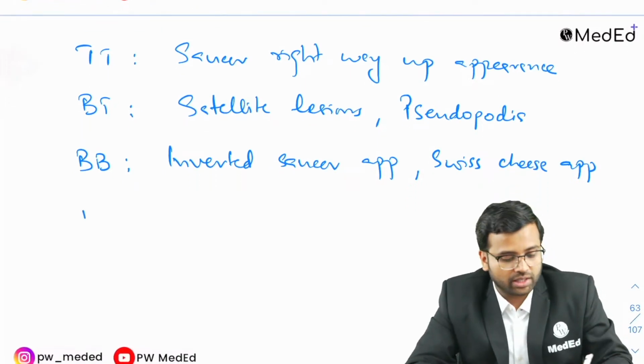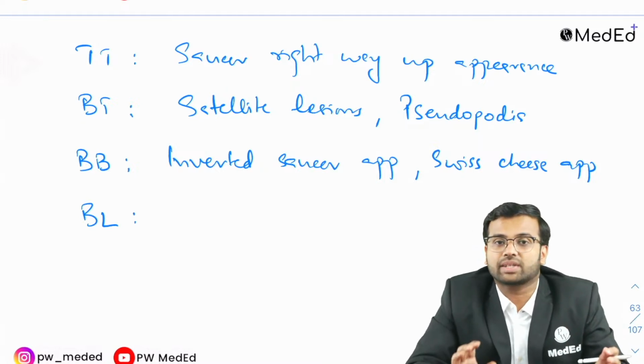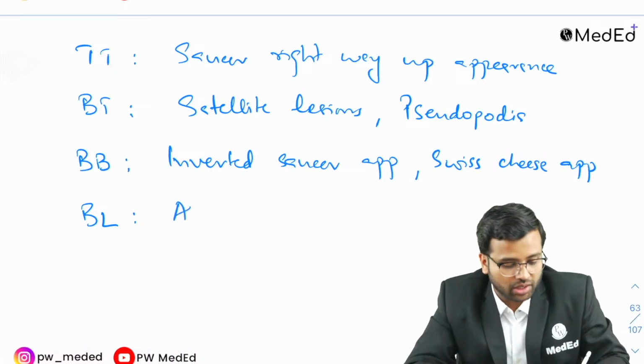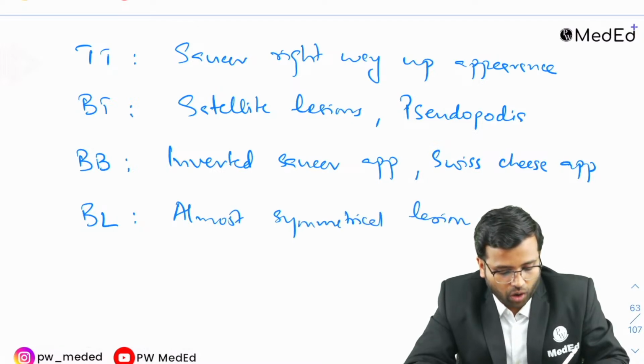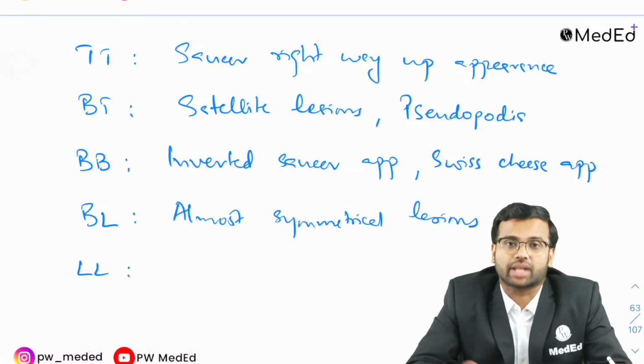Remember, once a patient progresses into BL type of leprosy, the patient will start getting almost symmetrical lesions. Finally, when you come to the lepromatous type of leprosy, what type of lesions do you expect?